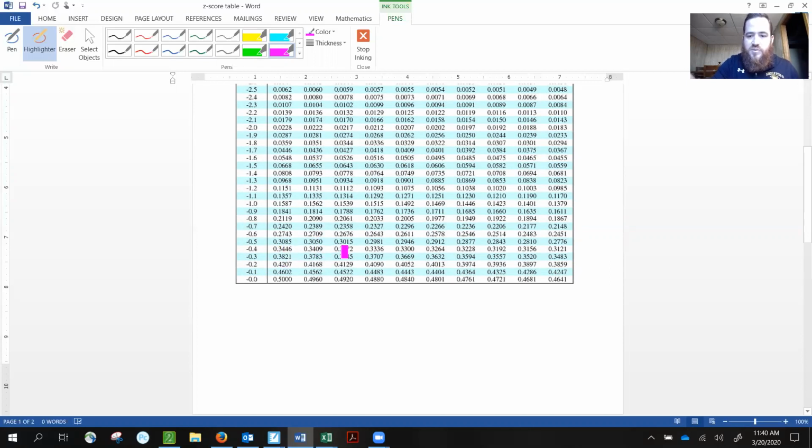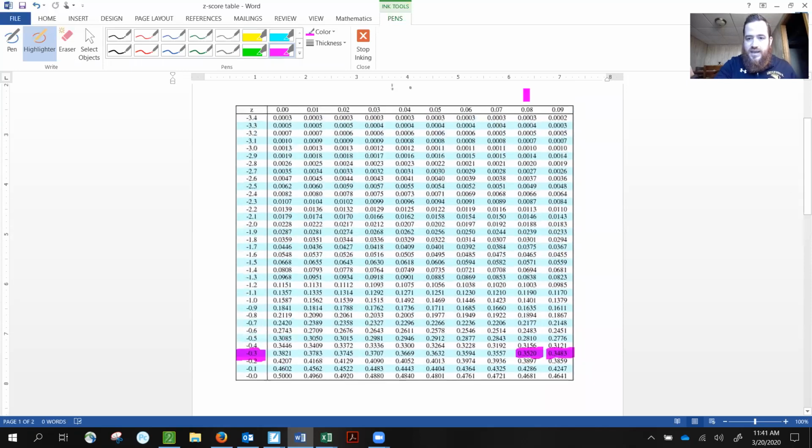Well, we're getting smaller here, so we need to look over here. There's 0.3520, and there is 0.3483. So right in the middle of those two is 0.35. Let's figure out what those two z-scores are. Negative 0.3, what's the top value? 8, or negative 0.39. It's somewhere in the middle of those.